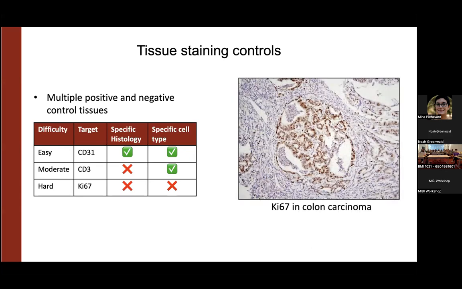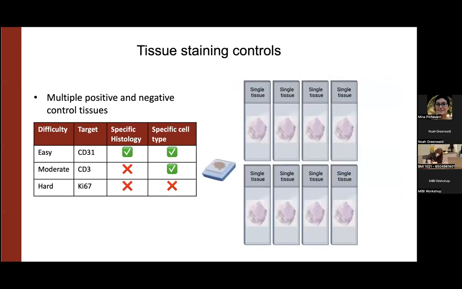Now going one step harder is something like Ki67, a marker for cell proliferation. As you can imagine, many cells in your body proliferate, so Ki67 will be expressed across many cell types, and it's not in a very specific histology. As you can see here, in colon carcinoma, half or more than half of the cells are positive for Ki67.